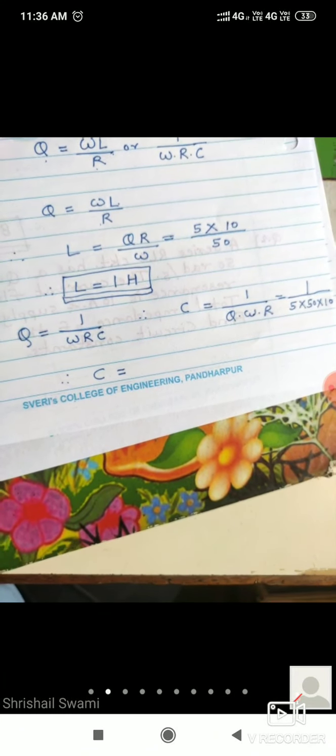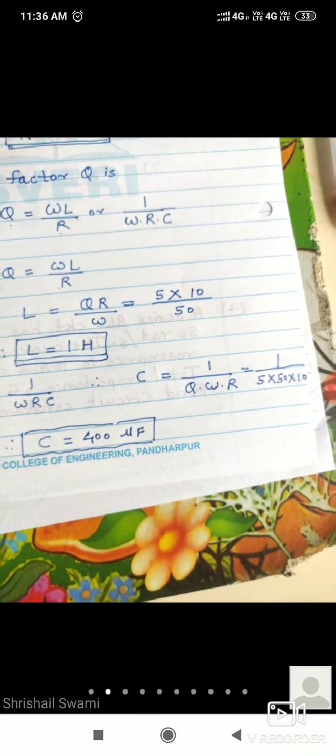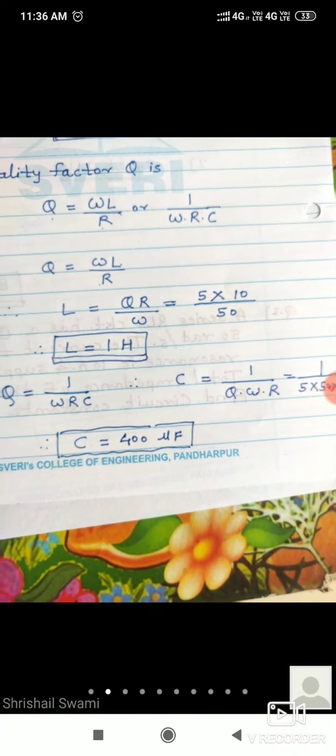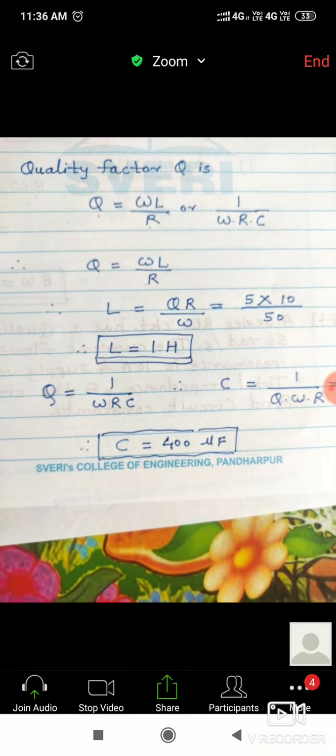You can calculate and tell. 5 into 50 into 10, that is 2500, so 1 upon 2500. See what C comes to. Does 400 microfarad come? Check if 400 microfarad is correct. 1 upon 2500. Does it come?